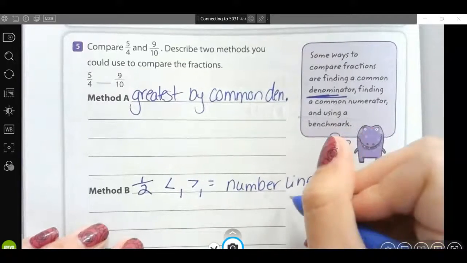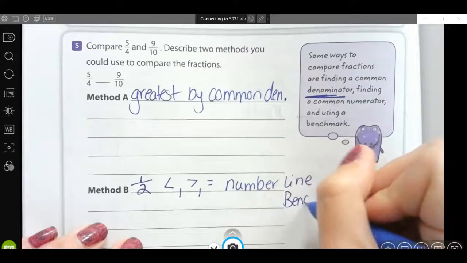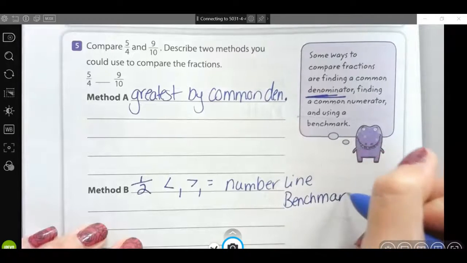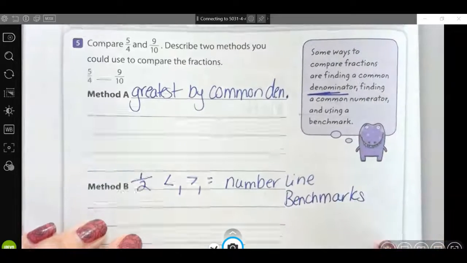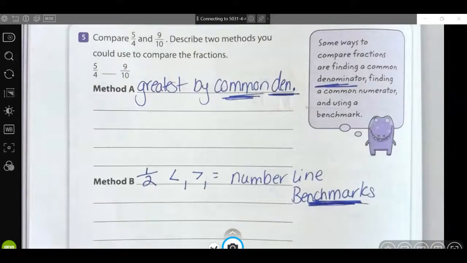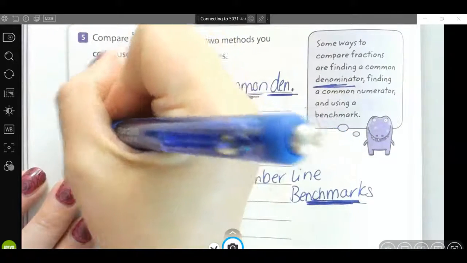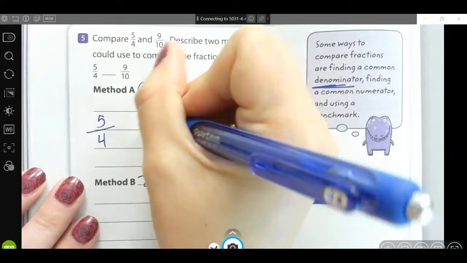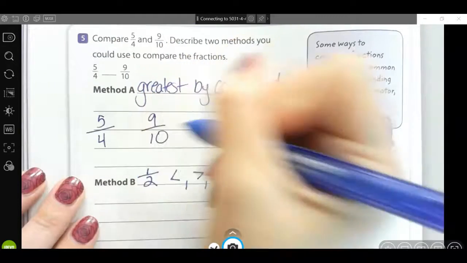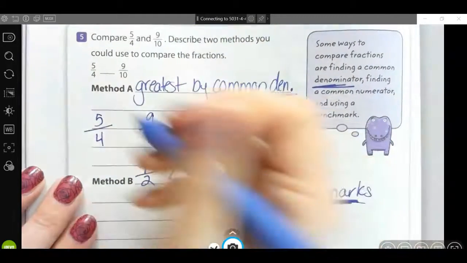This is also known as benchmarks. Okay, so this first way, we're going to compare 5/4 with 9/10 using common denominator.